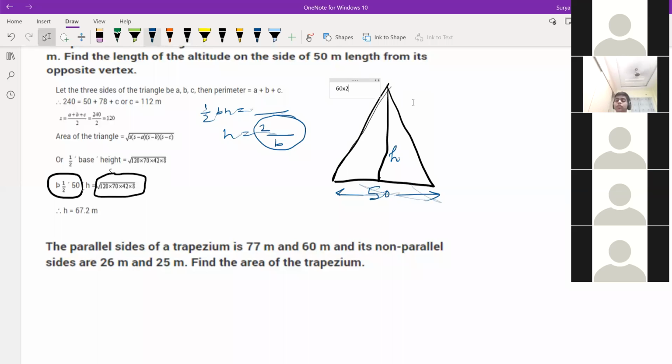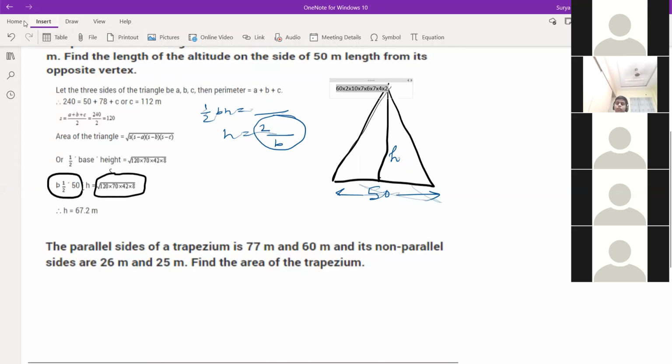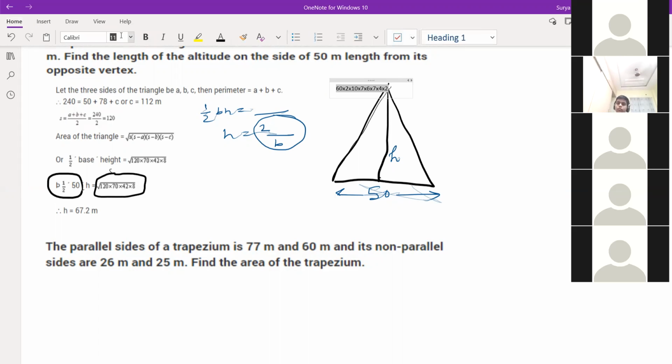Again, for 70, what can we write? 10 into 7. 42 means 6 into 7. And what can we write for 8? 4 into 2. Directly also you can do. Yes, sir. This one again, what can you get?